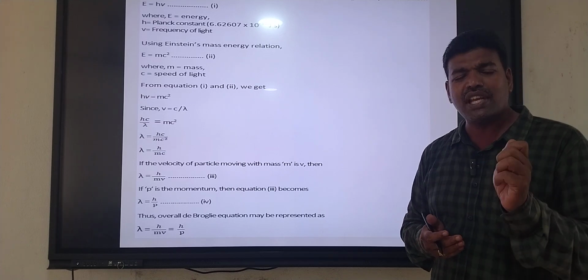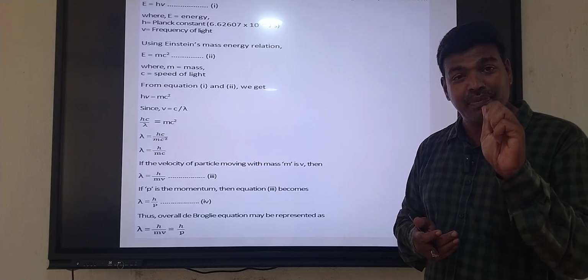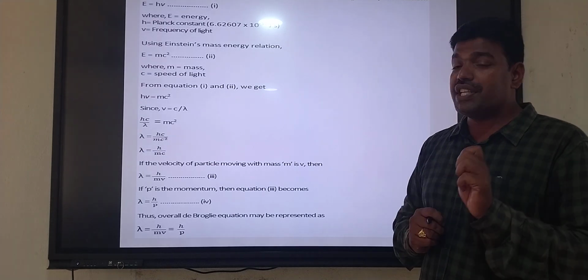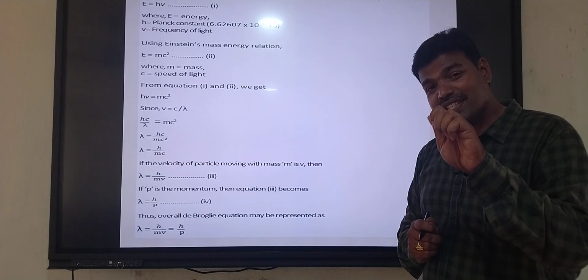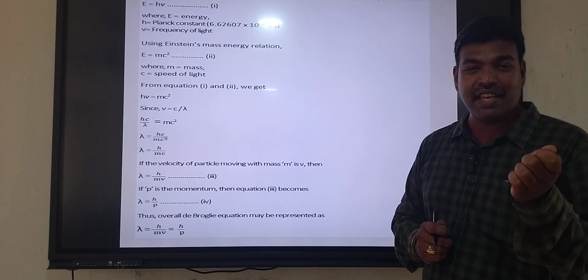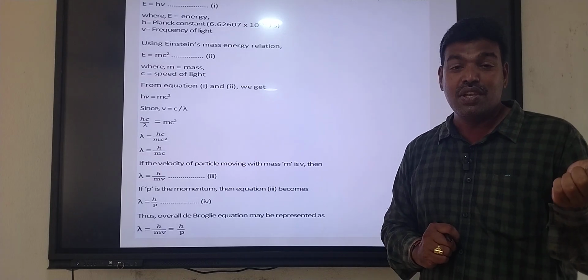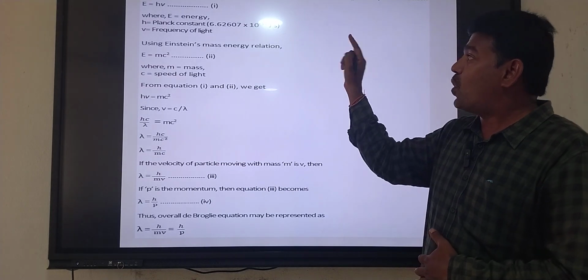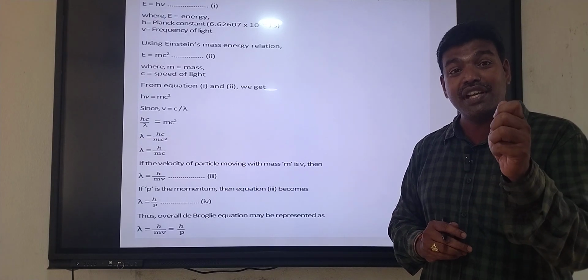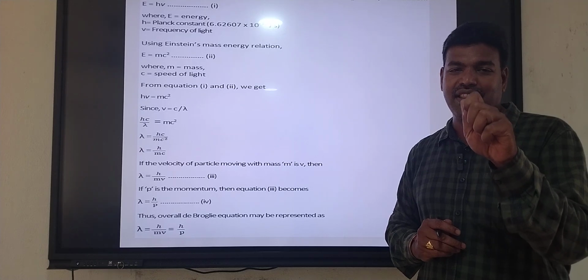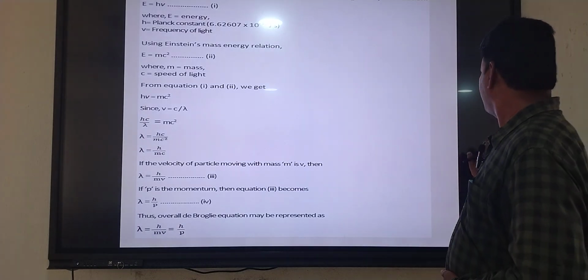Before de Broglie's hypothesis, Planck's quantum theory and Einstein's mass-energy relation were already established. So by using Planck's quantum theory and Einstein's mass-energy relation, de Broglie deduced the equation for wavelength, lambda is equal to h by mv. So let us see.